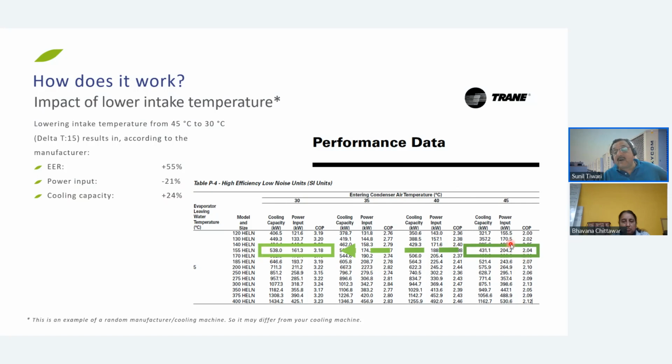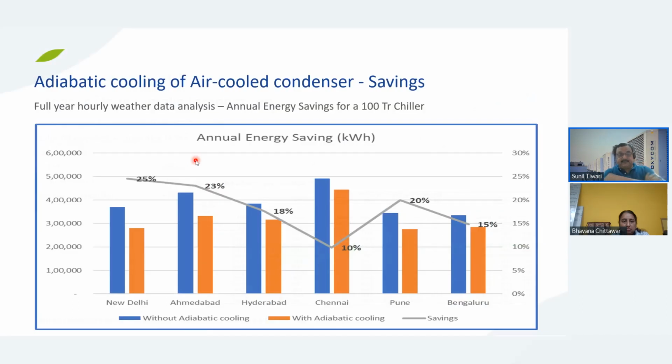Moreover, even though it's producing more cooling, the power consumption is reduced to 161. So that's a dual impact. You enhance the cooling capacity, and you need less energy to produce that enhanced capacity as well. So it's twofold. In terms of overall EER, we are talking of around 55% enhancement. That's significantly high. Now, how does it relate to our conditions?